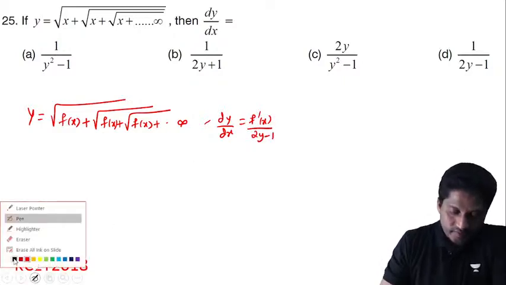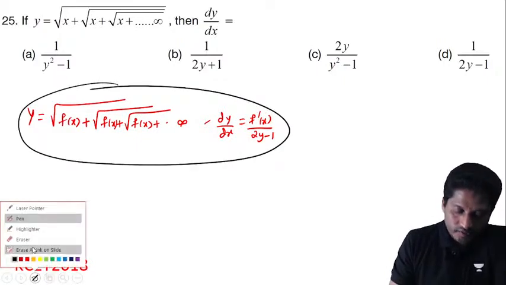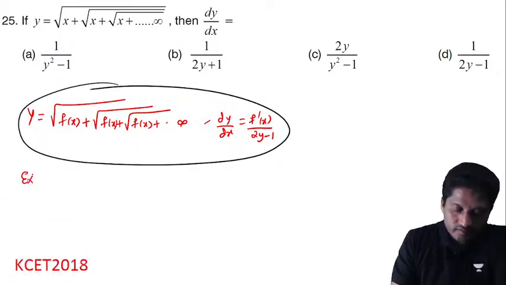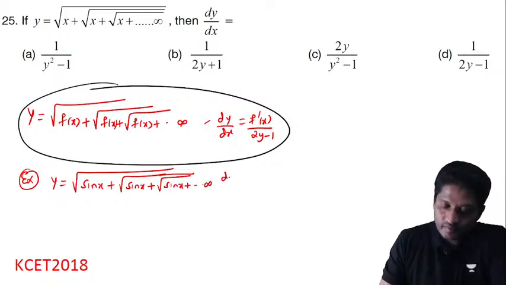Okay, let's say you have, as a general result, y is equal to root sin x plus root sin x plus root sin x, and so on up to infinity. dy by dx is equal to, differentiation of sin x is cos x, we get cos x divided by 2y minus 1.